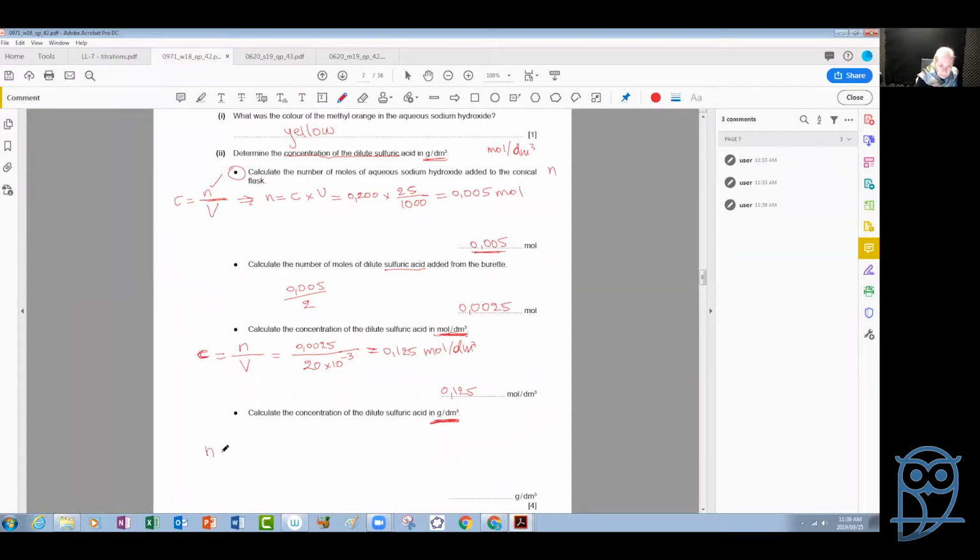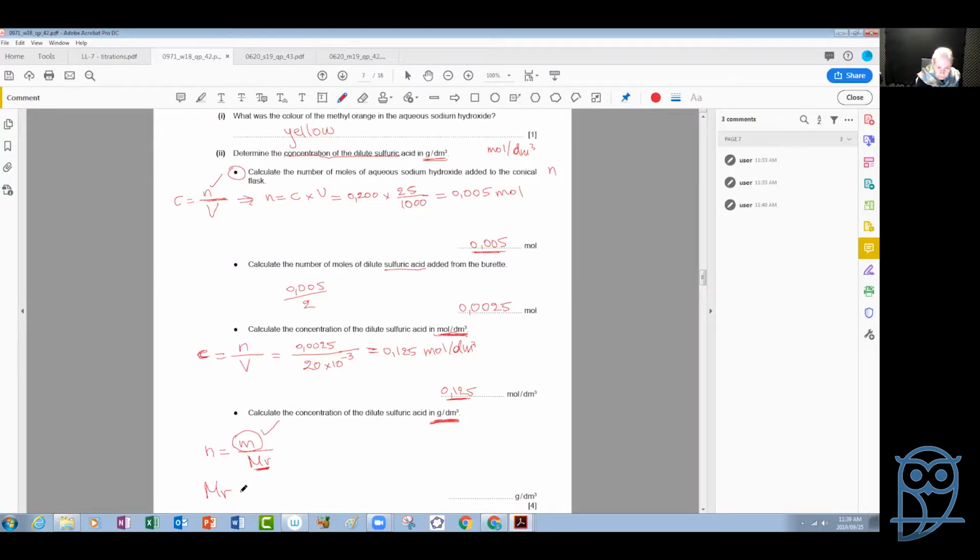The number of moles is actually the mass of the substance divided by the molar mass, isn't it? So this is what we need to find here. We have the number of moles. We also need to determine the molar mass of sulfuric acid. Actually, the formula mass.